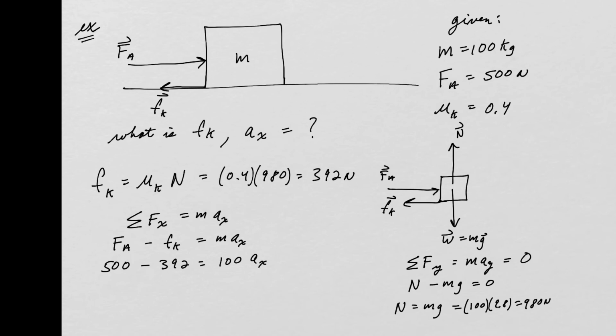The mass is 100, and I'm looking for a_x. So 108 is equal to 100 a_x. If I divide by 100, I get a_x is equal to 1.08 meters per second squared. So that would be my acceleration. I'm just using Newton's second law in the x direction.